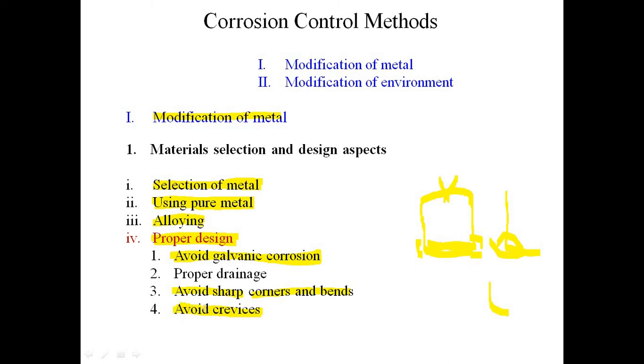Whenever you have a small space in your design, there is a high possibility that at least the moisture will enter the space and interact with the metal surface, separating it into some part as anode and some part as cathode, and that will definitely increase the rate of corrosion. So you should always make a design which avoids crevices, with no space.